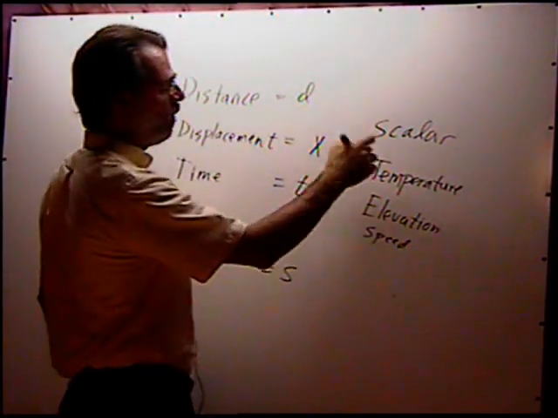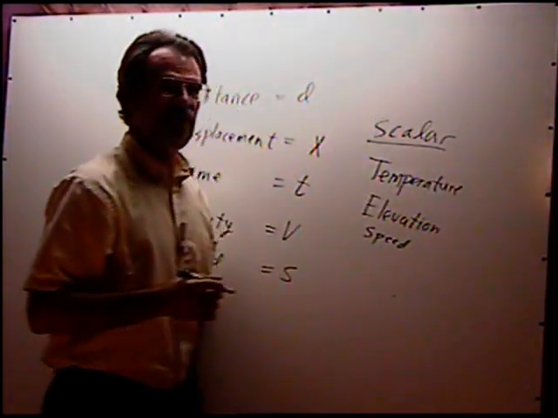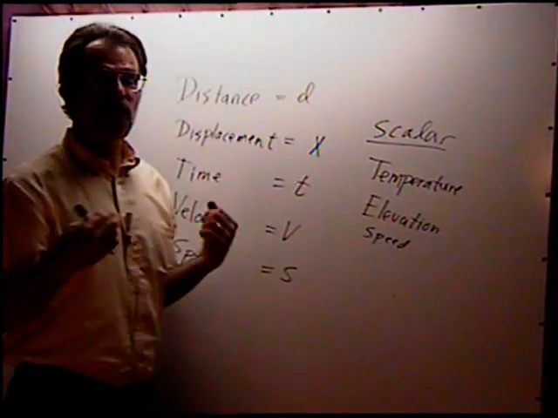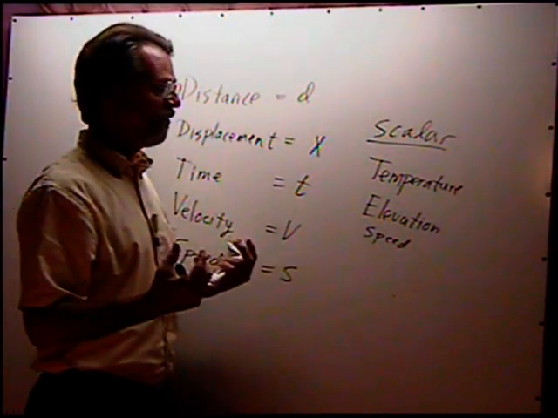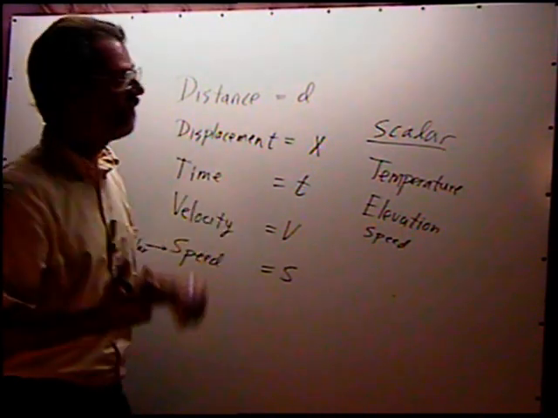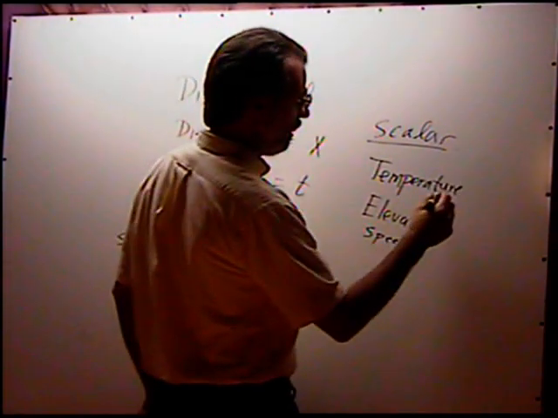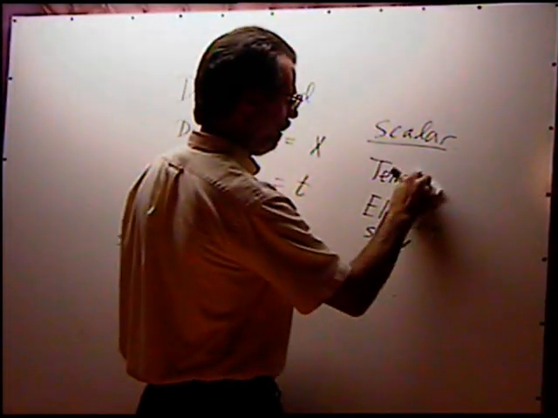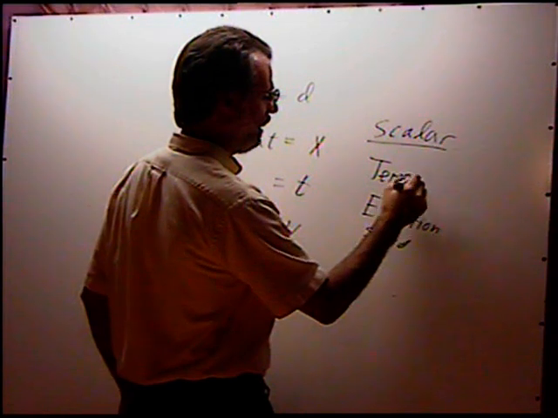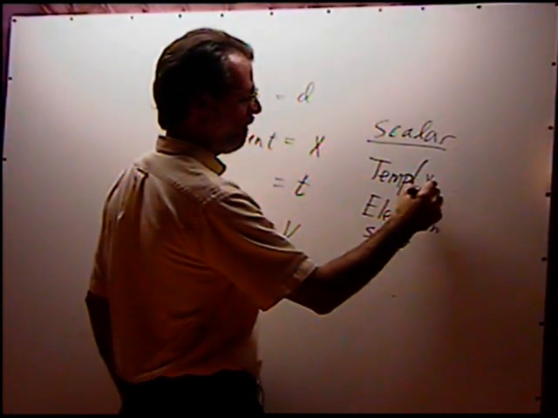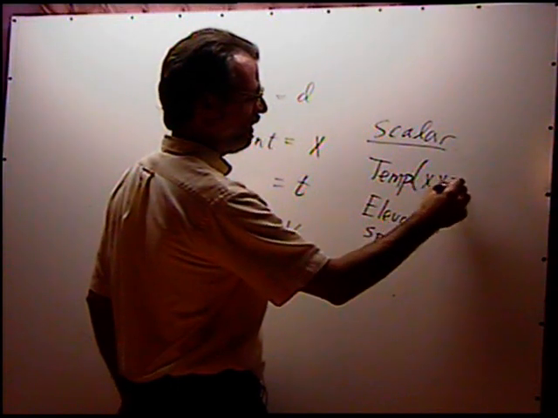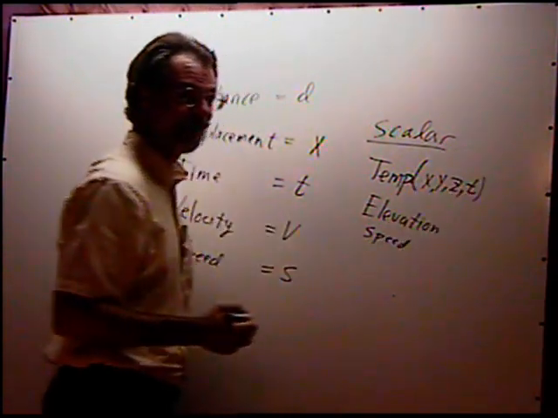Okay. What actually is a scalar? A scalar is a physical quantity that we can measure that exists in space and time. So we can say that temperature, I'll abbreviate TEMP, is a function of the x dimension, the y, and the z, and also t, time.